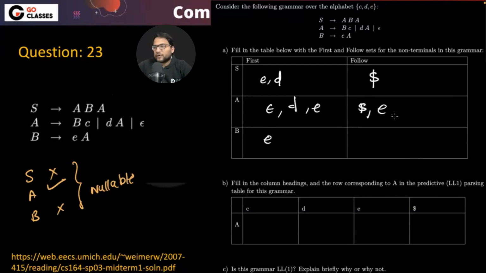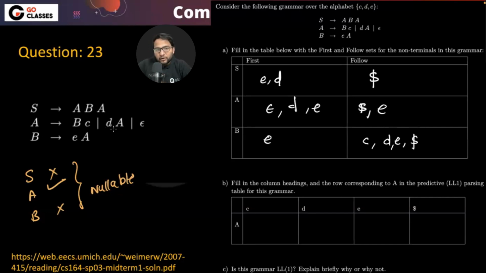So let's just find out the follow of capital B. It is a small c and first of capital A. First of capital A is D and E. And if it is epsilon, then follow of capital S, which is dollar. So these are the follow of capital B.